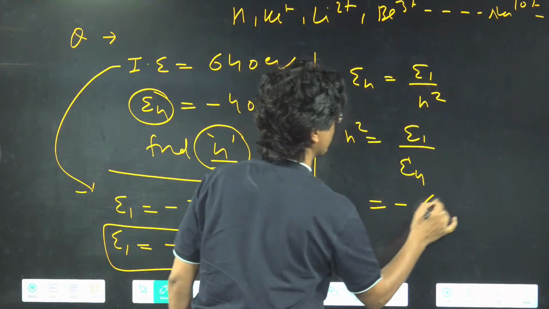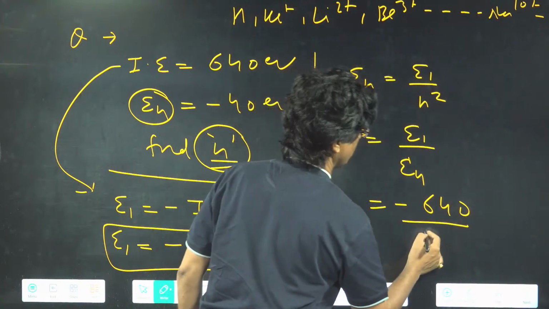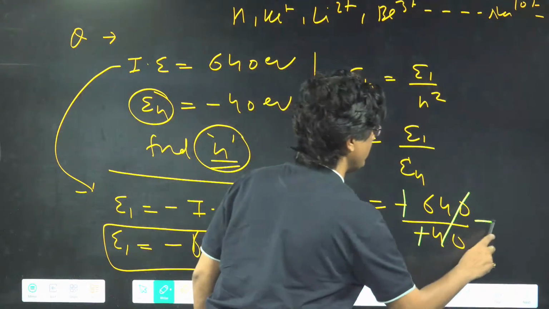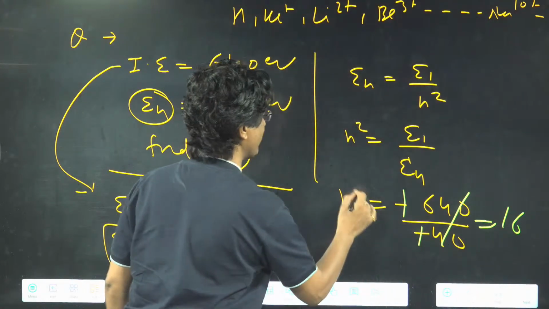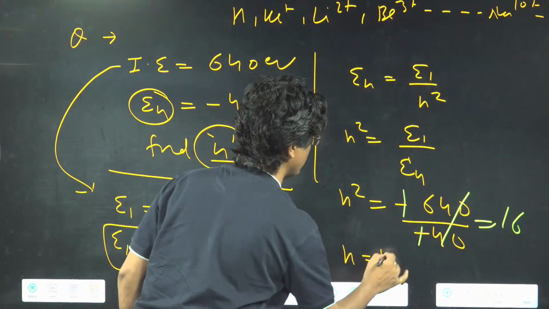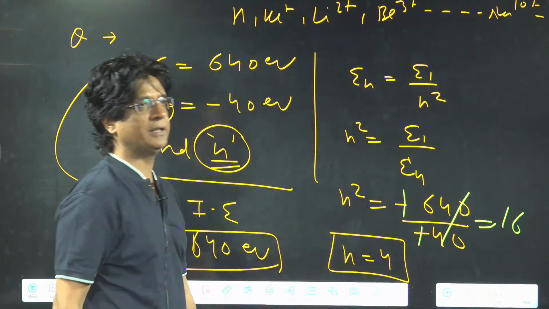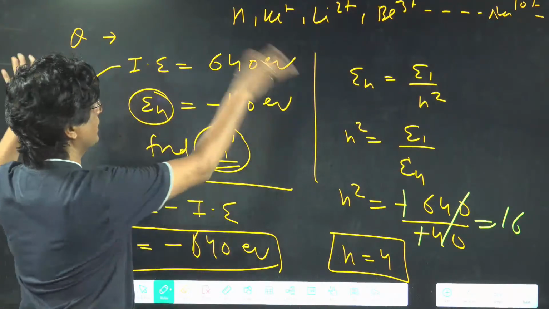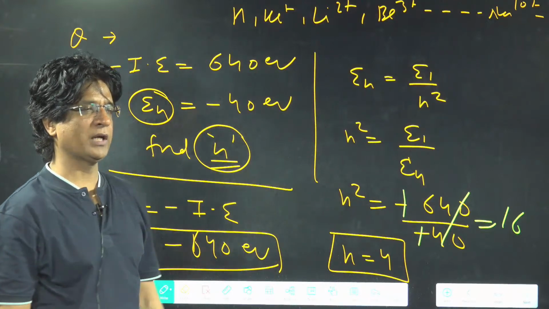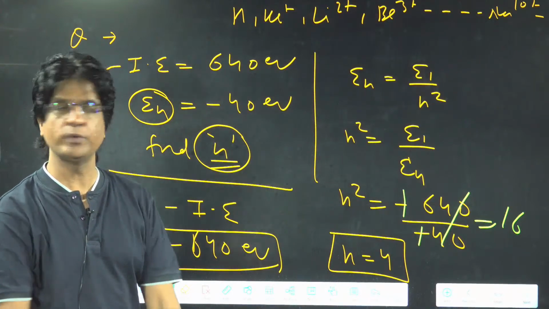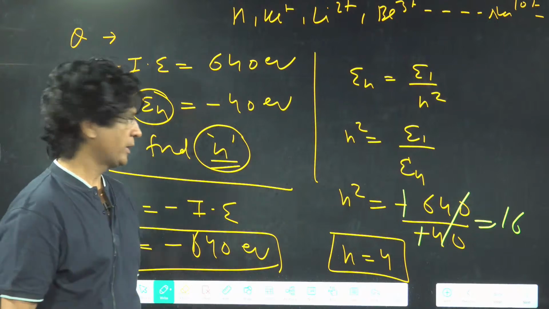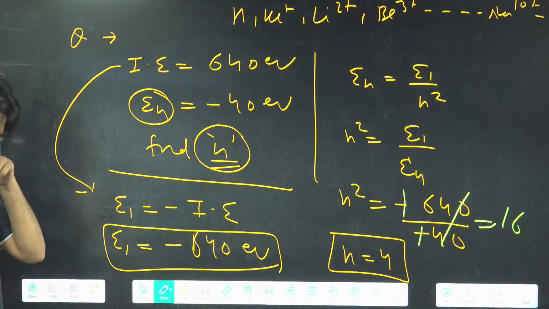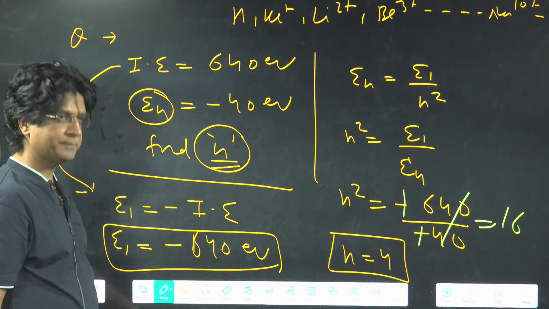E1 is minus of 640 and En is minus of 40 electron volt. Minus minus cancels. This will be 16. That means n square is equal to 16, so n will be equal to 4. So we are talking about orbit number 4. Very good. In this particular atom or ion, we are talking about orbit number 4. Is that clear to all of you? Shall we move forward? You can note it down. Be quick.